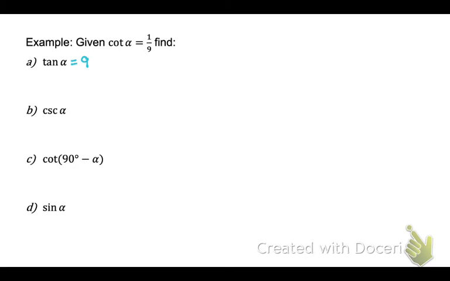Then what? Okay, how are we going to find the cosecant? We make ourselves a right triangle. Here's our right triangle, here's alpha, and if tangent is 9, then 9 is opposite and 1 is adjacent.